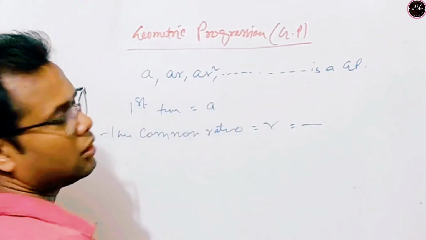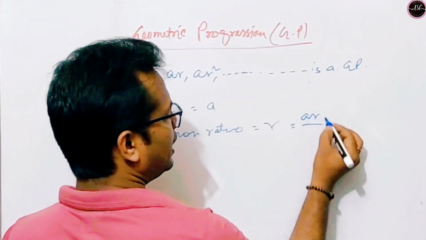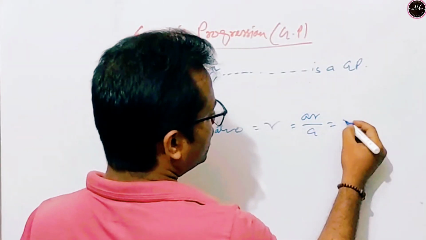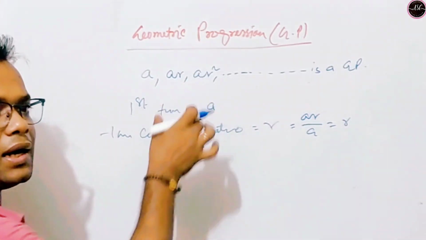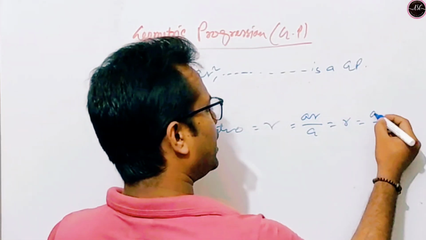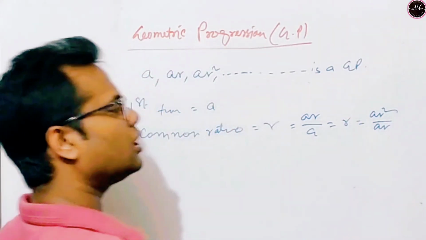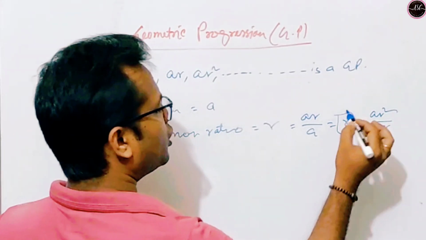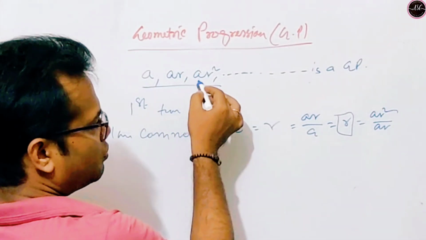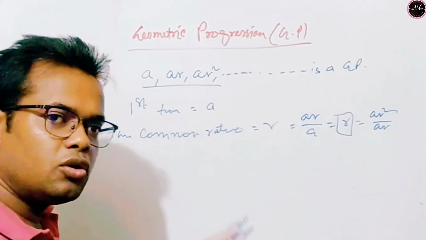If we take the second term, ar, and divide it by the first term, we get r. Similarly you can take the third and second, and that will be r. Okay, so we got r. We have written three terms and then dots.